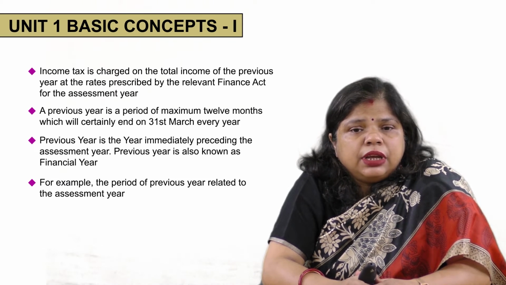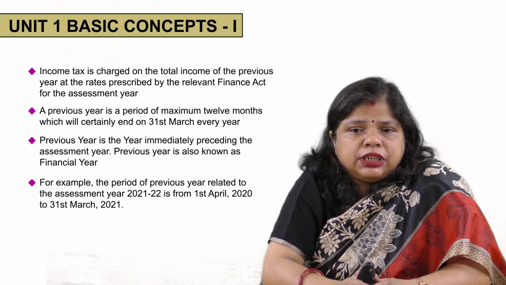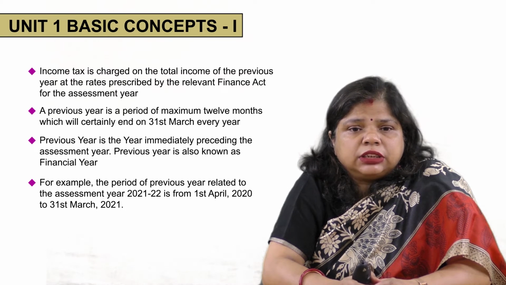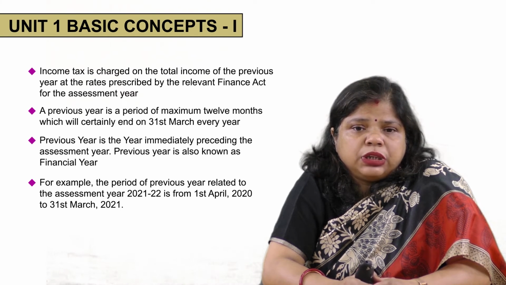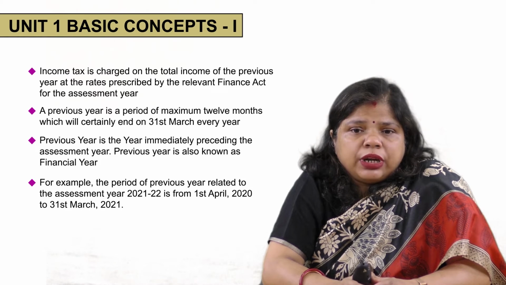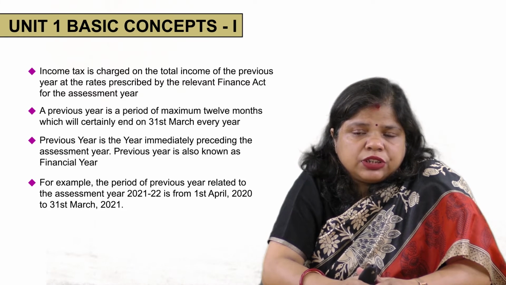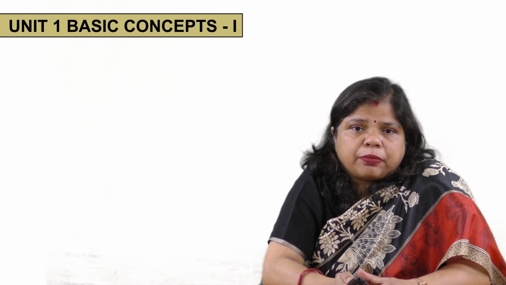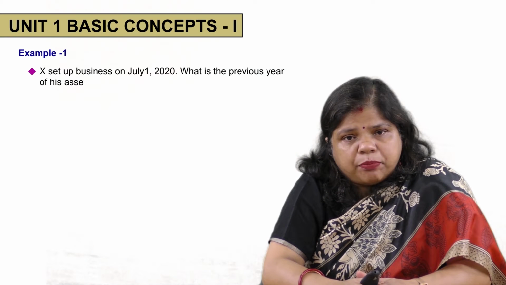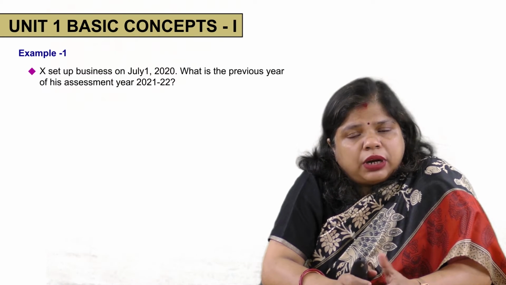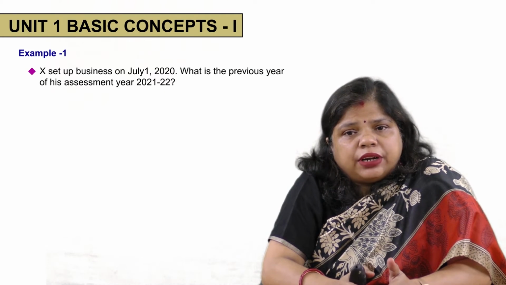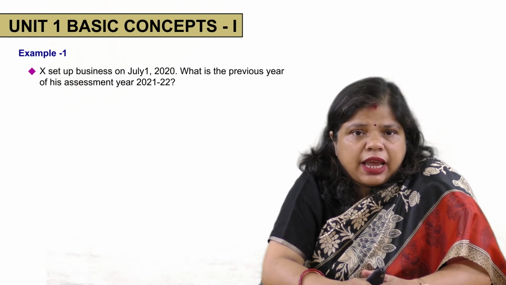For example, the period of previous year related to the assessment year 21-22 is from 1st April 20 to 31st March 21. Let us take one example to understand better how we determine the previous year.